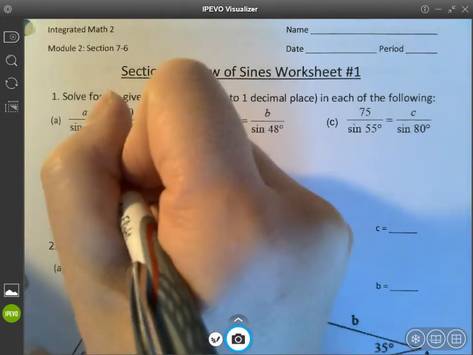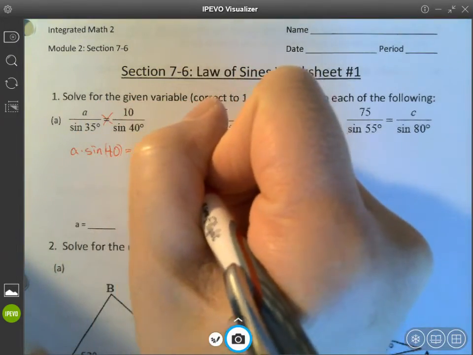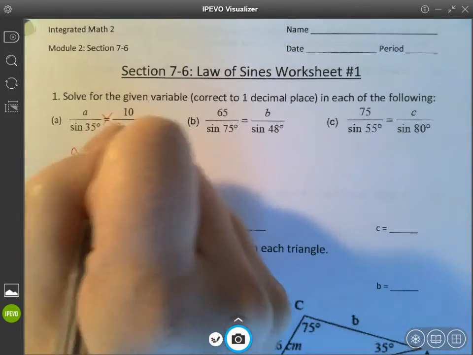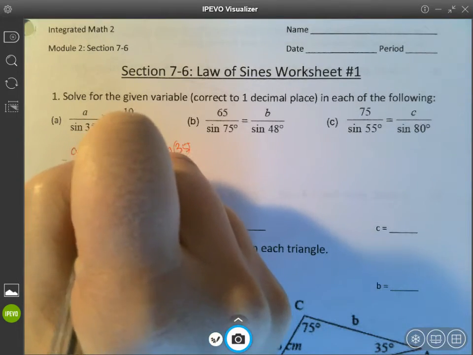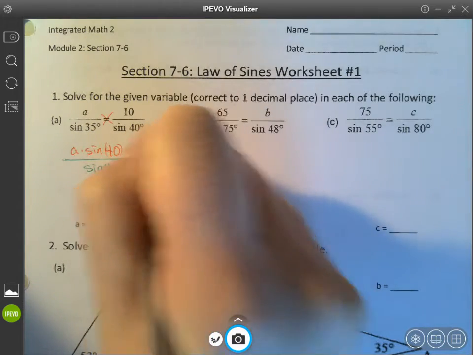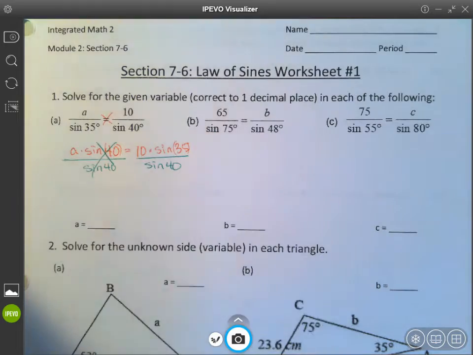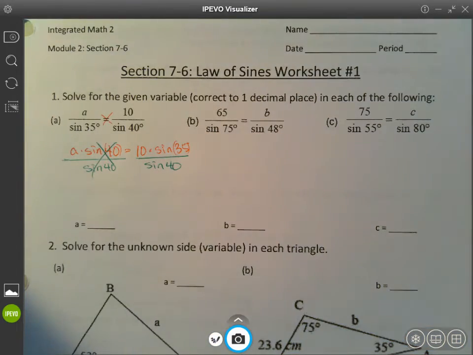When you're putting these in the calculator, it's important that you use parentheses and close them. And now that I have this set up, I need to solve. So if I'm trying to find a, I'm going to divide both sides by sine 40. This is a matter of putting it in the calculator, and I absolutely need a calculator to do this.